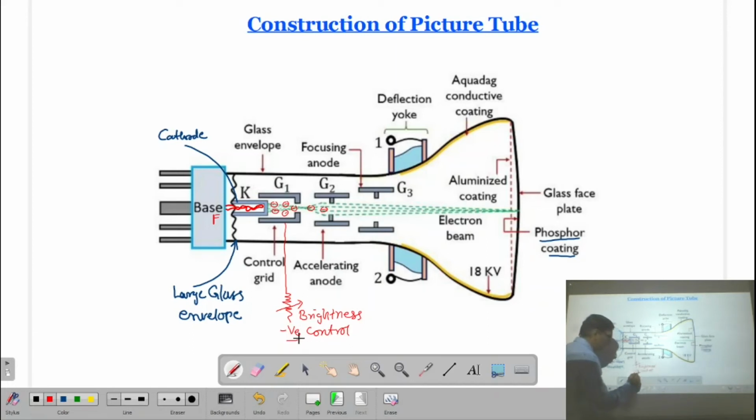If the negative voltage is less, the screen will be brighter because more electrons are incident on the screen. And a larger negative voltage gives fewer electrons, so the brightness of the screen will be less.